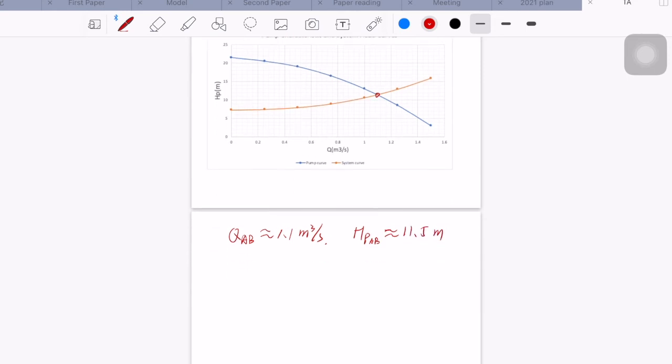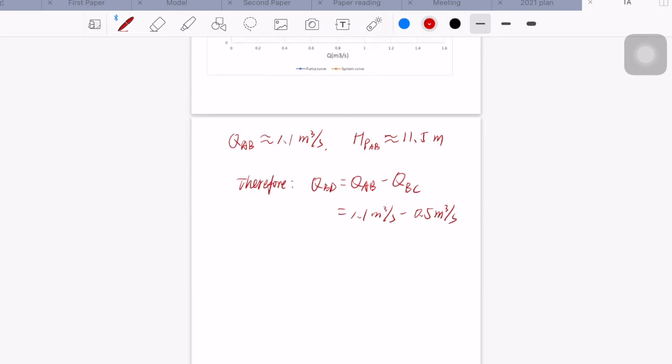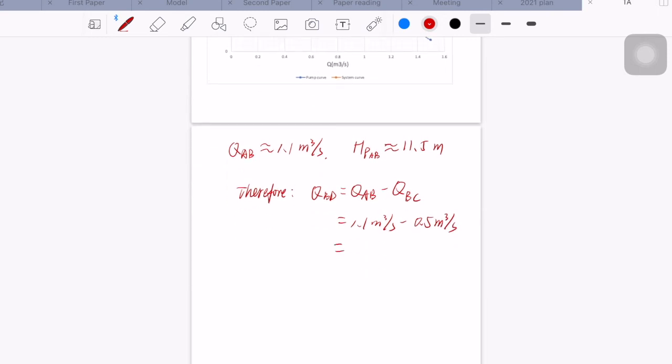And therefore, we know the discharge in pipe BD equals the discharge in AB minus the discharge in BC. So the value is 1.1 cubic meter per second minus 0.5 cubic meter per second, which the problem gives us. So we can determine the QBD equals 0.6 cubic meter per second.